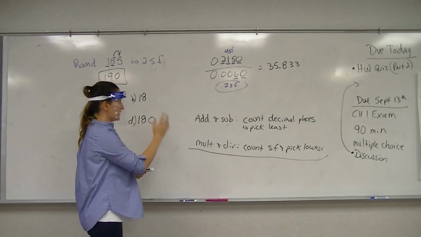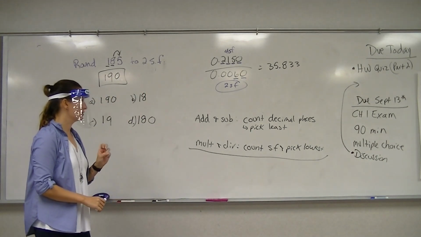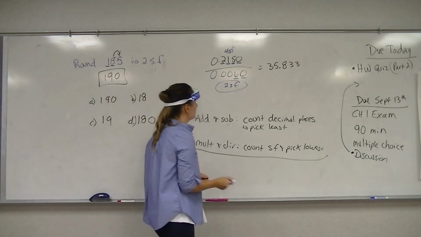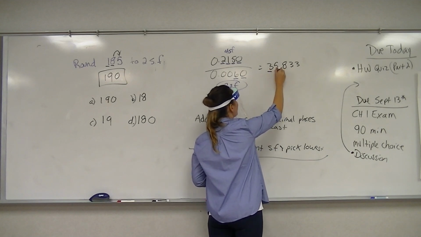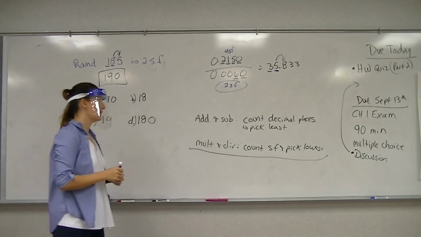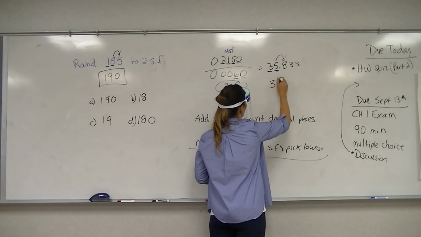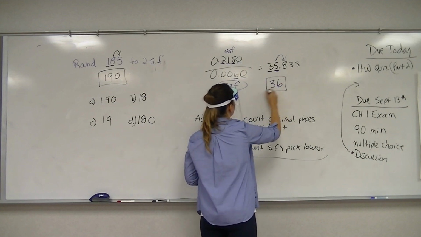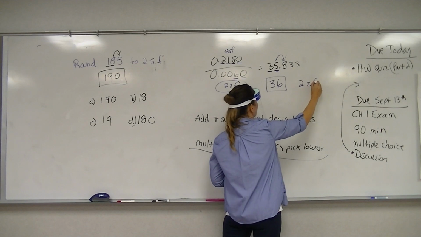So you don't want to report that answer. You want to make sure you have just 2 significant figures. So start counting left to right. 1, 2. So I'm stopping at the 5. But I'm going to look at the number next to it and figure out, does that stay a 5 or do I need to round up? Round up in this case. So it's going to be 36, for a total of 2 significant figures.